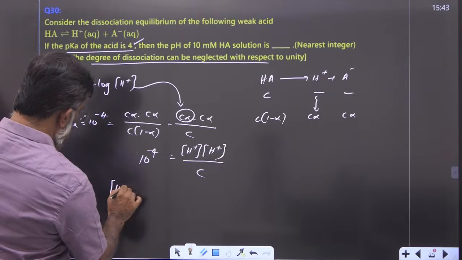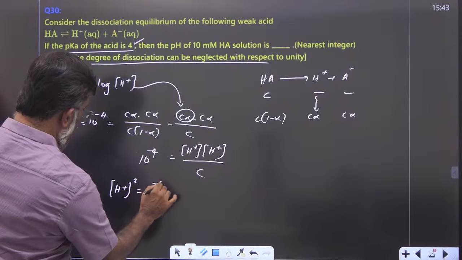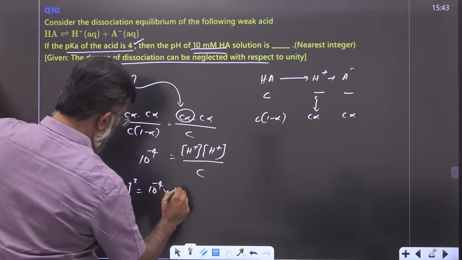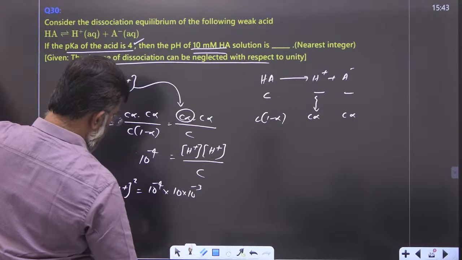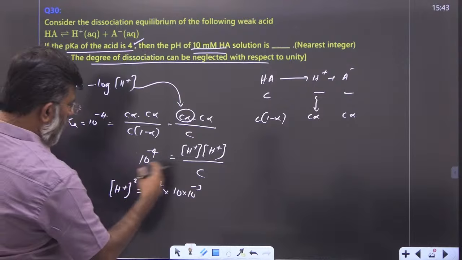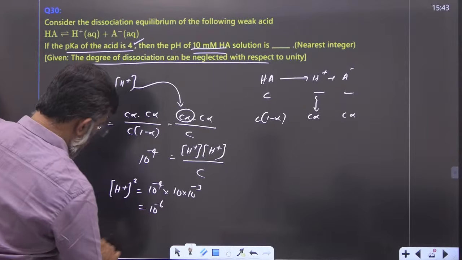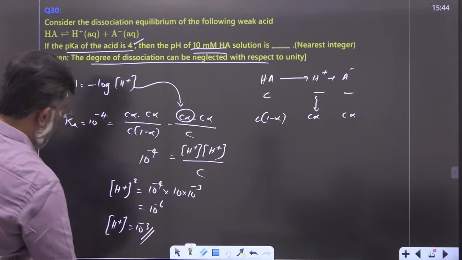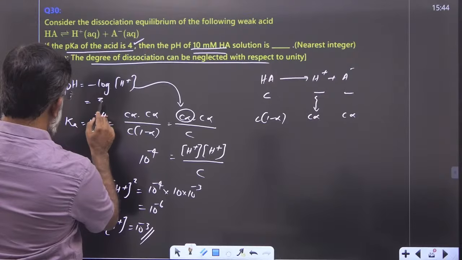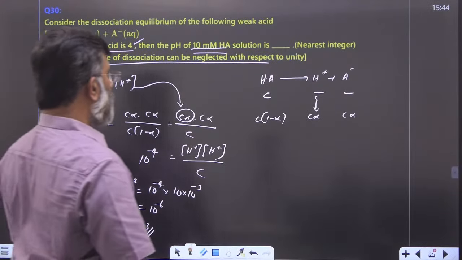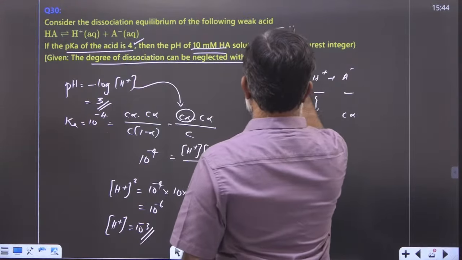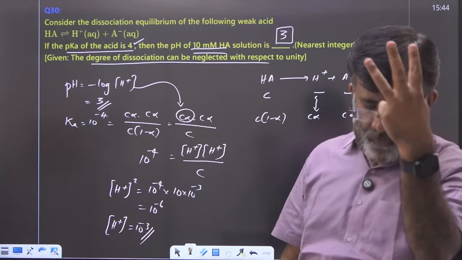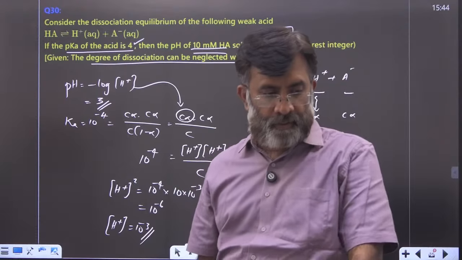H plus concentration squared is 10 power minus 4 into the concentration, 10 millimolar, that is 10 into 10 power minus 3, giving 10 power minus 6. Therefore H plus concentration will be 10 power minus 3, so pH is equal to 3. Three is the correct answer.